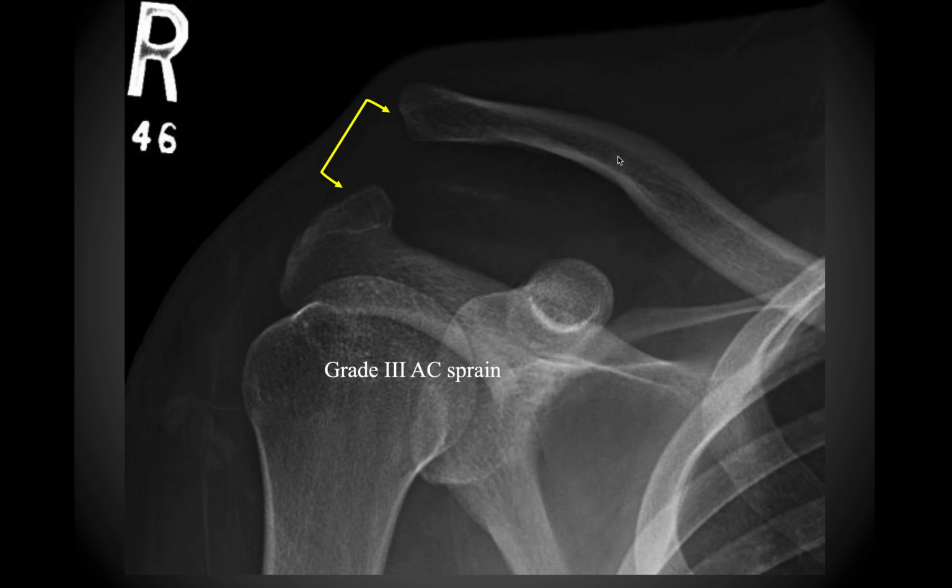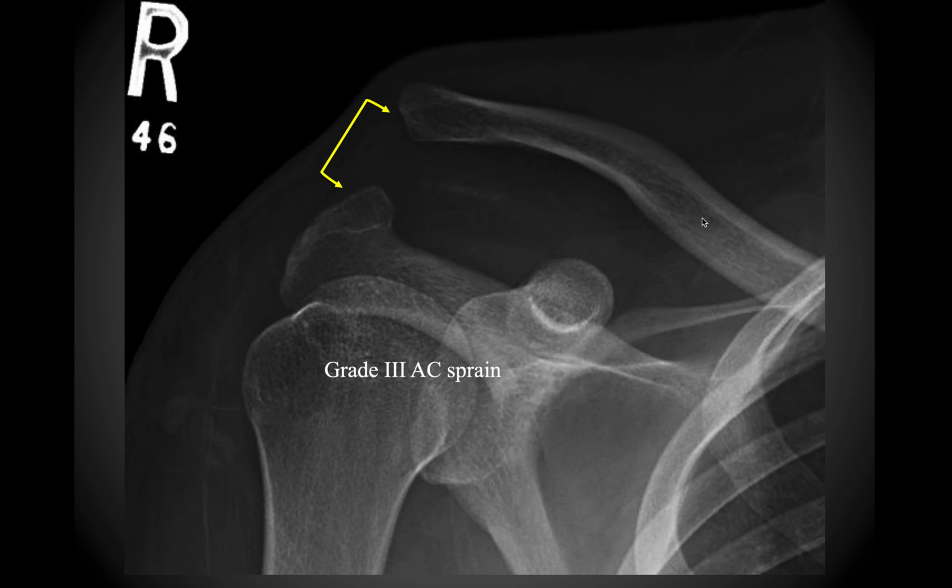Here's a grade 3 AC sprain, so this is the most severe, where now you can clearly tell that there's been disruption of the coracoclavicular ligament. So both the trapezoid and conoid ligaments are going to be torn in this case, and so you get this very significant widening of the AC joint space. And then you'll also notice now the horizontal plane has been disrupted as well.